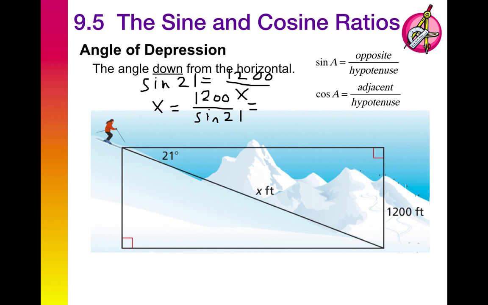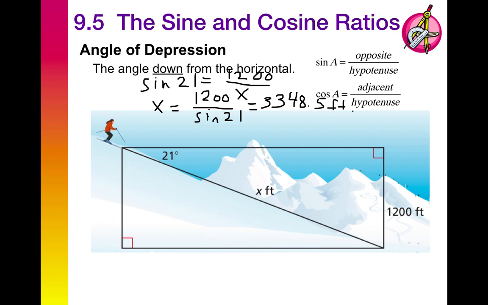Let me plug that into my calculator, and I get 1200 divided by the sine of 21, a number of about 3,348.5 feet.